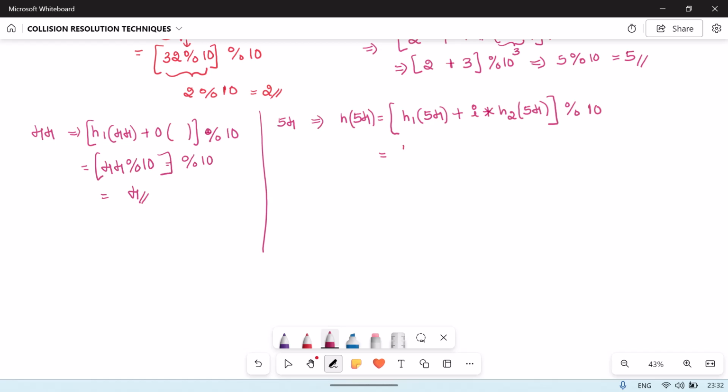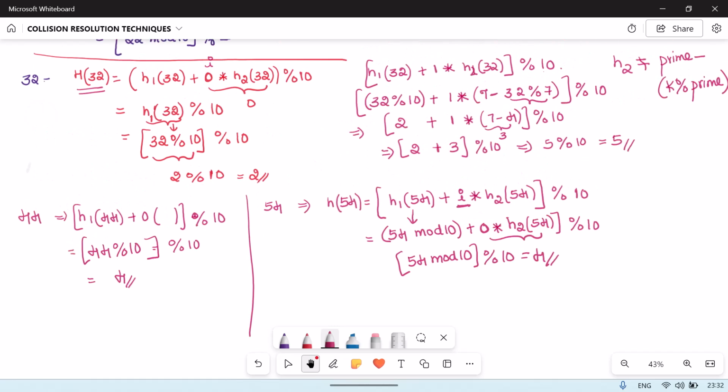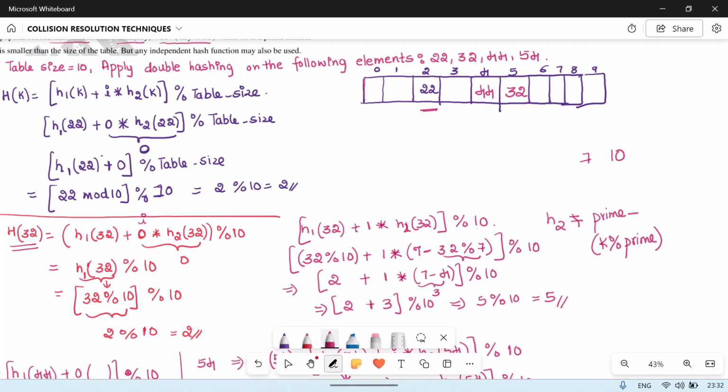So it is 54 mod 10, this part. Whereas the I value is 0, so it is 0 times H2 of 54. I will not write this entire thing because it will be 0 only. So it is 54 mod 10, which will lead to 4. Correct? But 4 is already occupied by 44.